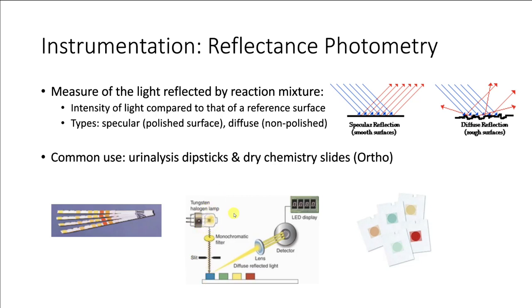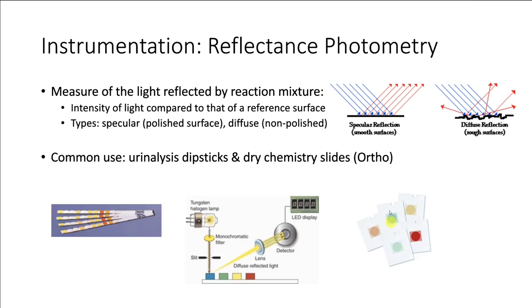So what happens is light goes through a filter, bounces off of one of these urine pads here, then that reflected light is picked up by a lens and turned into a result that we can read. If you work with the Vitros or Ortho Clinical Diagnostics chemistry analyzers, they do a very similar thing, except we use these dry chemistry slides here.